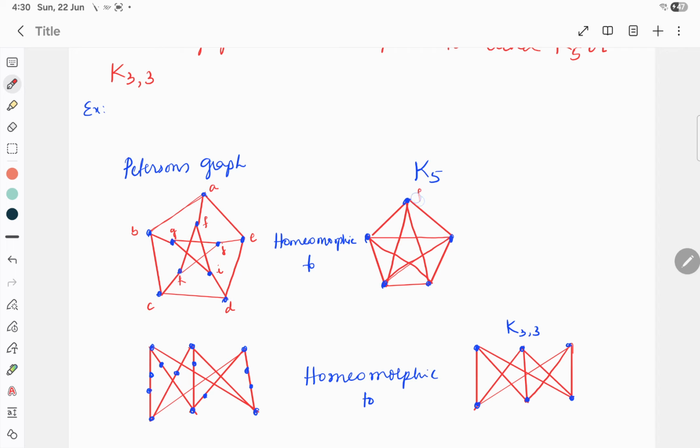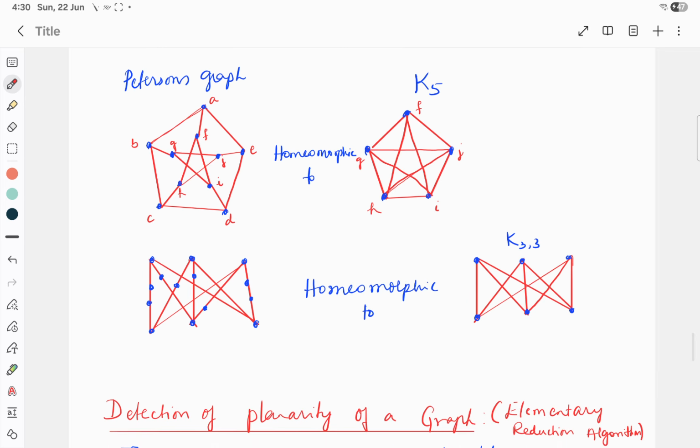So it becomes F, G, H, I, J. Is that clear? Just by merging the edges, we get the Petersen graph homeomorphic to K5. We know that K5 is non-planar, and therefore this Petersen graph is also non-planar.